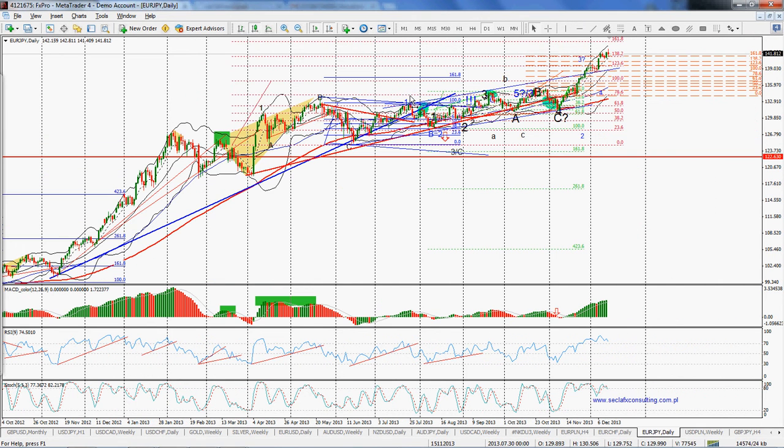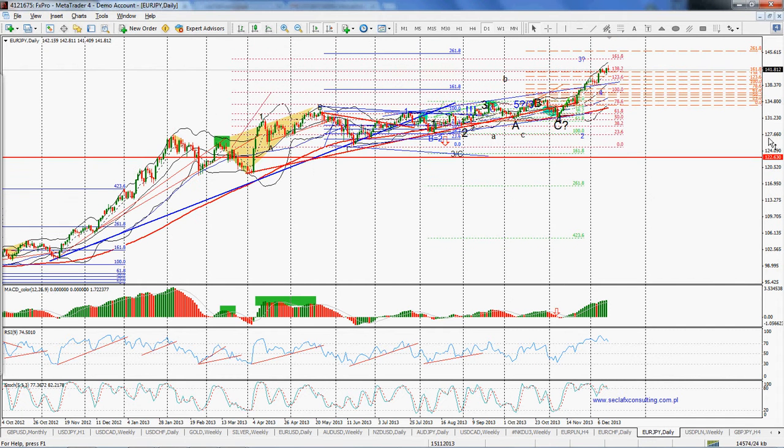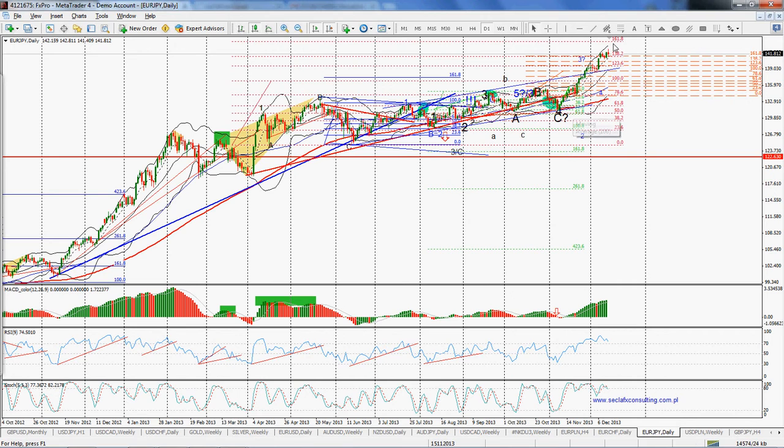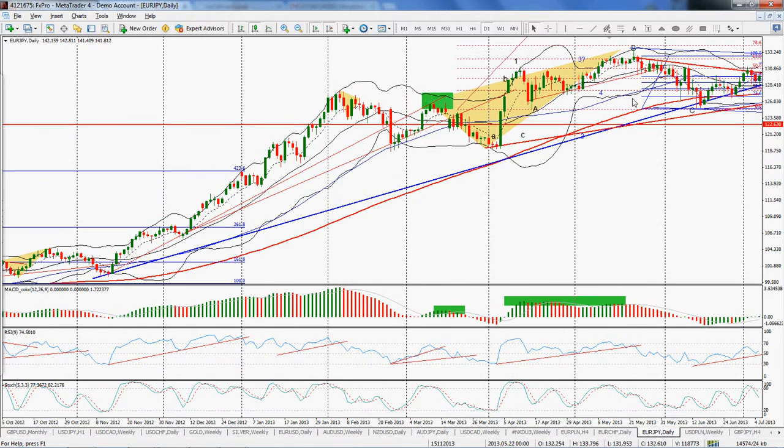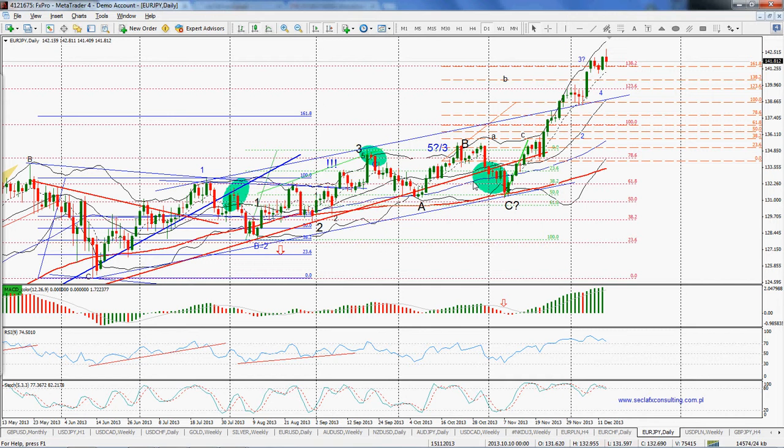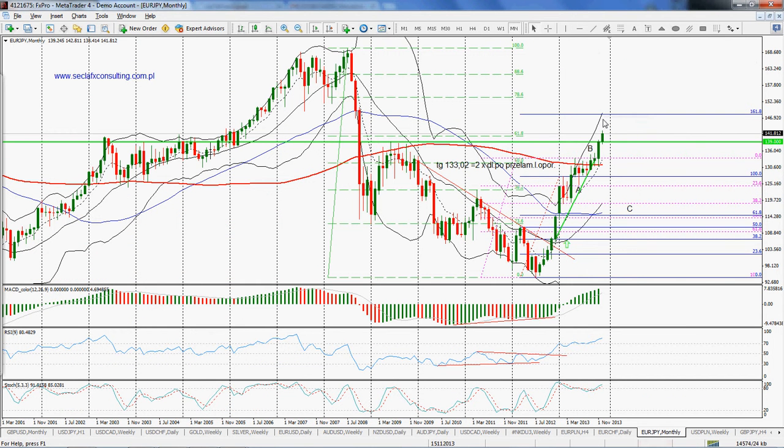On the daily, I've got a count like 1 and 2, and this is the bigger 3, and this bigger 3 could end somewhere here, and this upward movement here is like 1, 2, 3, and the market has stopped around that level. So there could be some correction movement here before we continue this upward movement, most probably because we have broken those tops here.